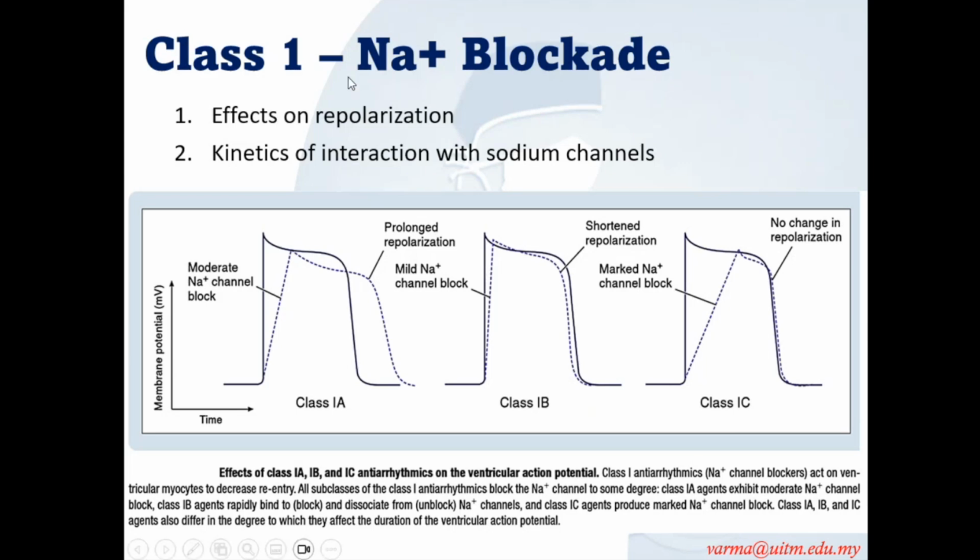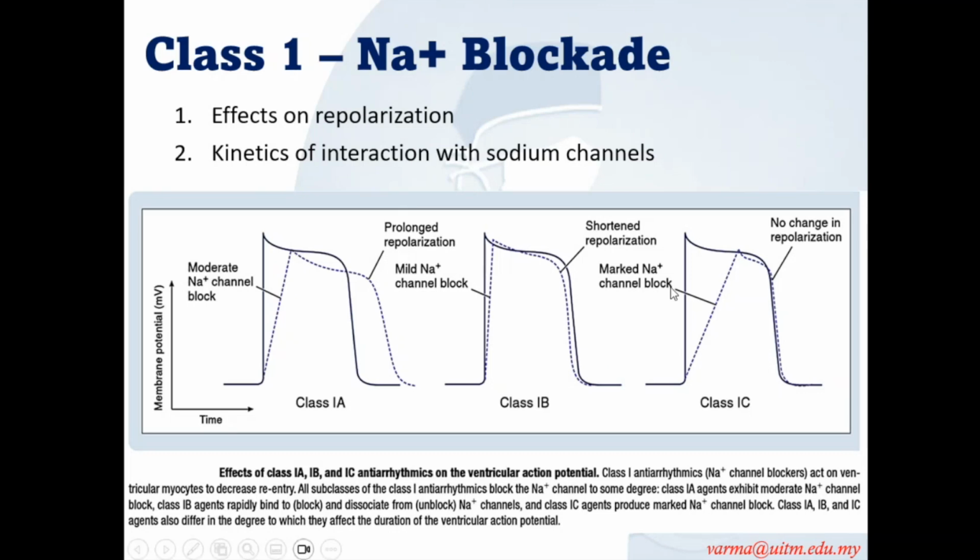As I mentioned, class 1 is sodium channel blockade. They affect depolarization, sorry, my mistake, not repolarization, depolarization. They affect the upstroke of phase 0, causing a reduction in the rate of slope of phase 0. The kinetics of interaction with the sodium channel differ based on how strong their blockade is.